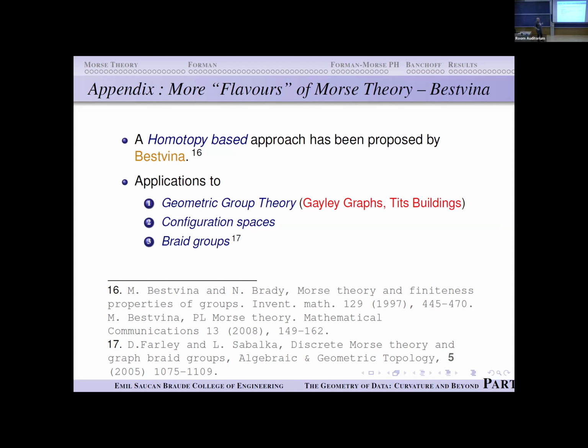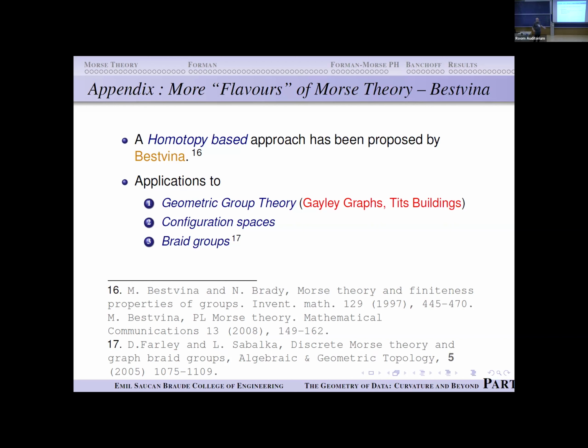And everyone brings to the game his strengths and inclinations and talents. So Bestvina, of course, brought very nice applications to geometric group theory, graphs and Tits buildings and stuff like that, which are very geometric algebraic objects, so to say.